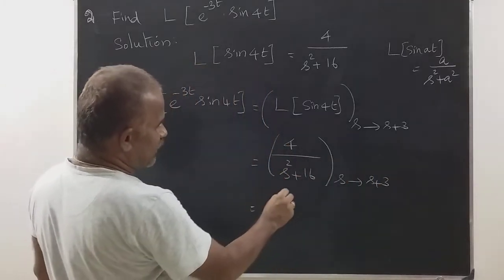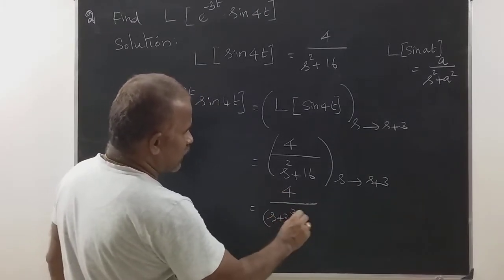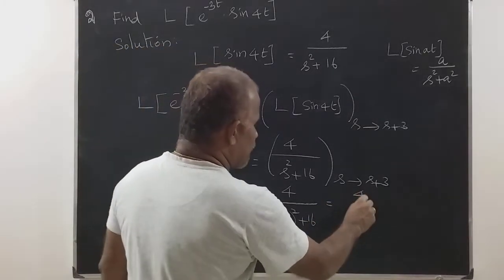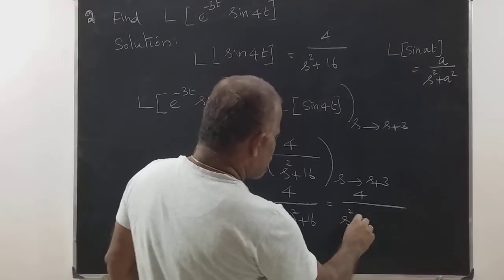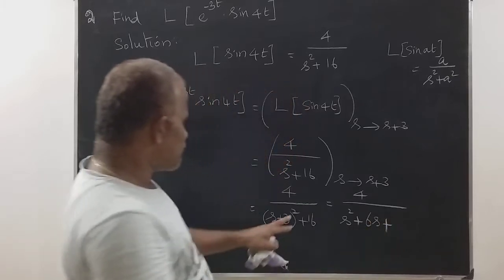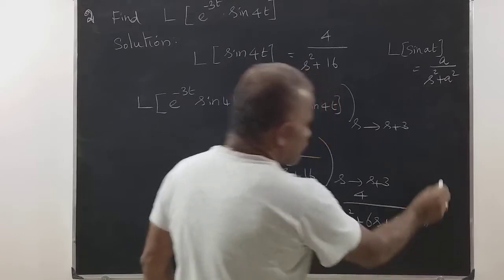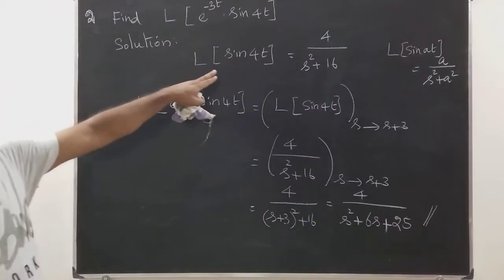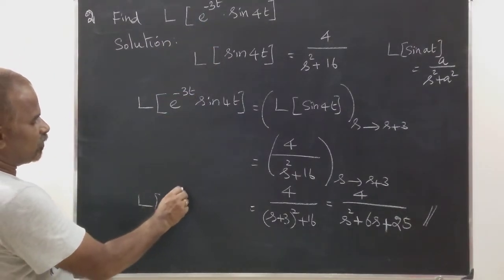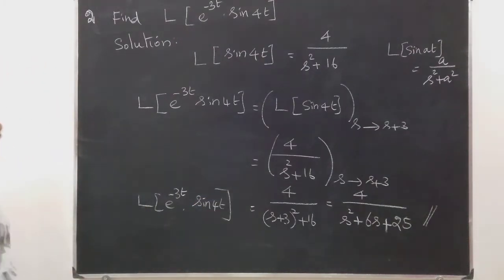So again I can write 4 divided by s plus 3 the whole square plus 16, which is equal to 4 divided by s square plus 6s plus 9 plus 16, so therefore 25. So this is our required answer for the Laplace transformation of e power minus 3t into sin 4t.